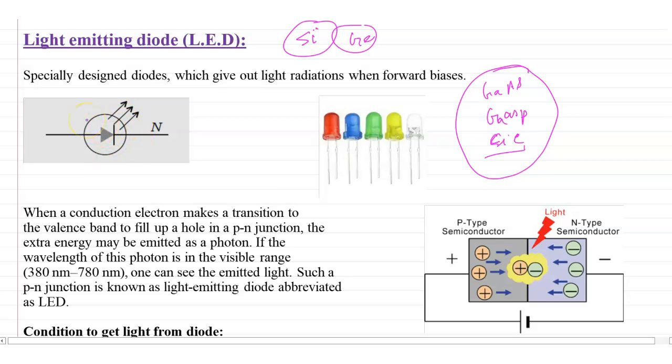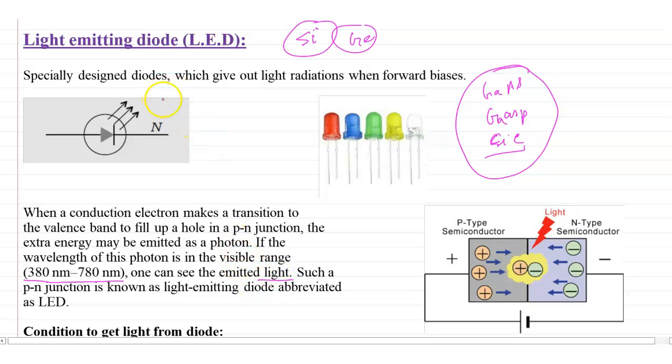Okay, so when a conduction electron makes a transition to the valence band to fill up a hole at the p-n junction, then the extra energy may be emitted as a photon. Okay, photon. So if the wavelength of the photon is in the visible range, one can see the emitted light.